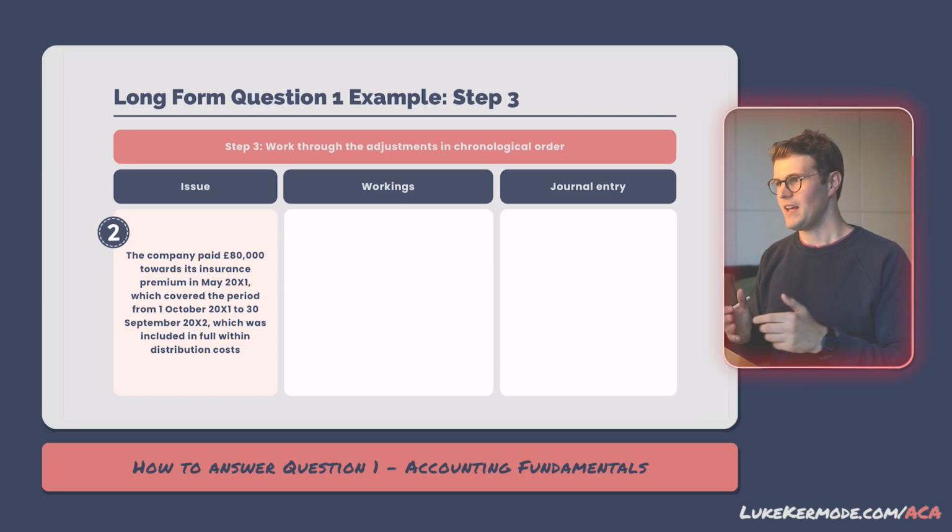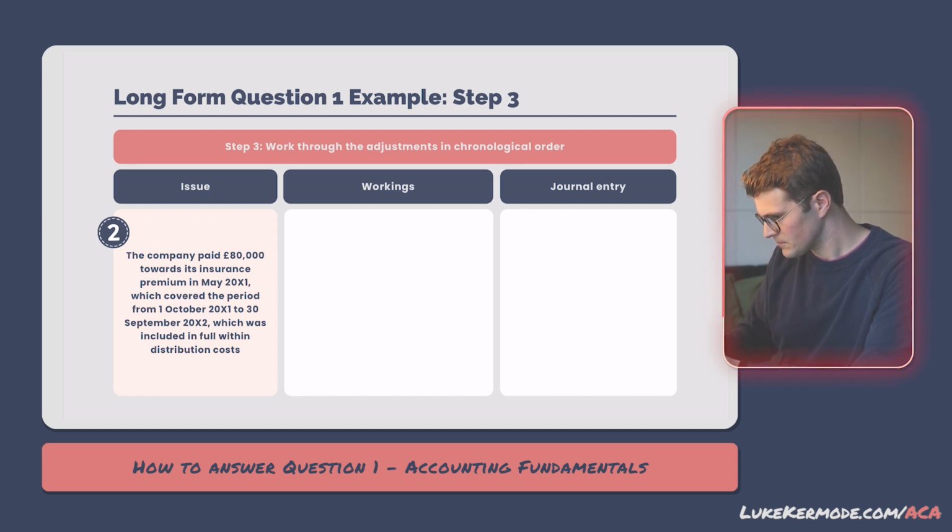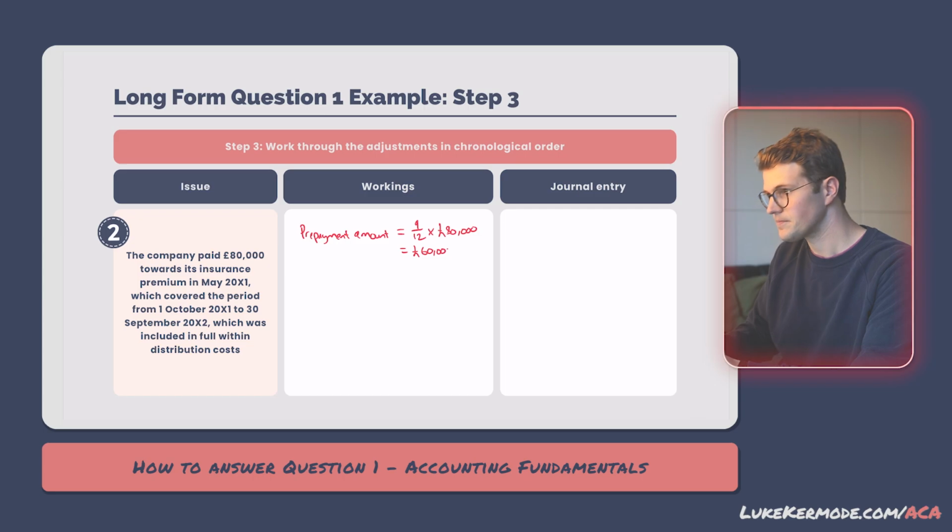The other 9 months relate to 20X2 and therefore need to be recorded as a prepayment. So the prepayment amount equals 9 months over 12 months times 80,000, which equals 60,000.